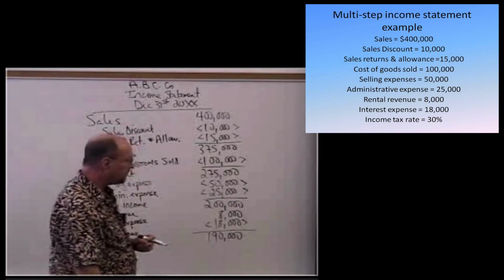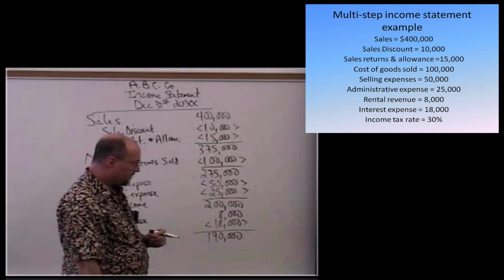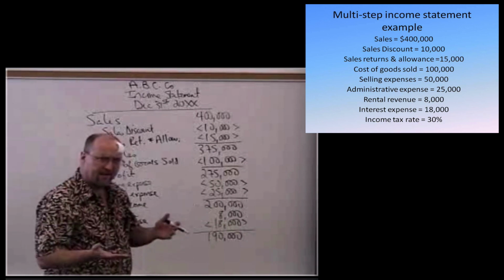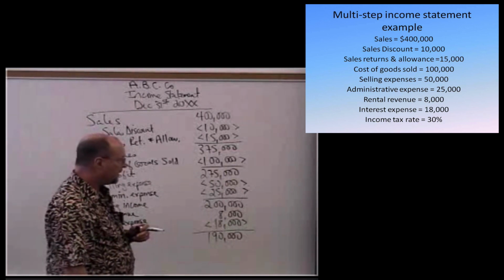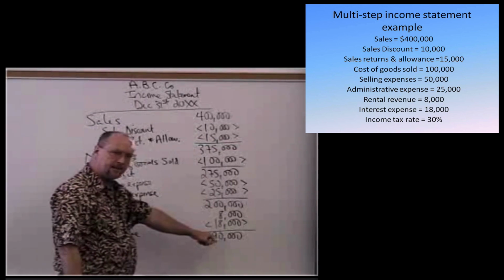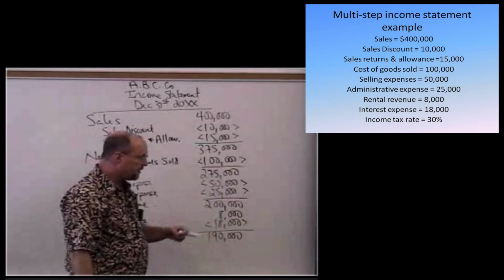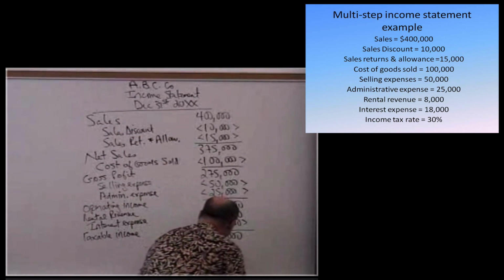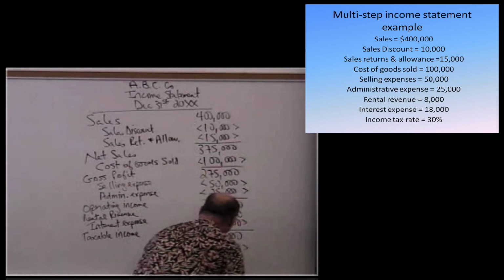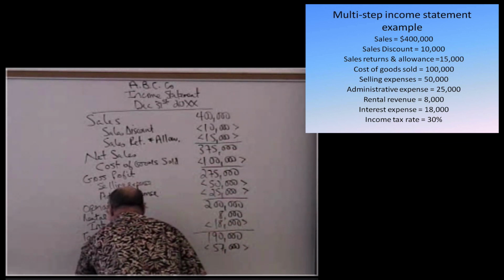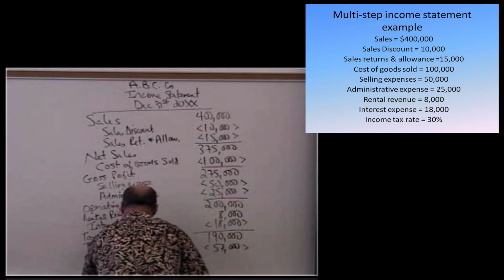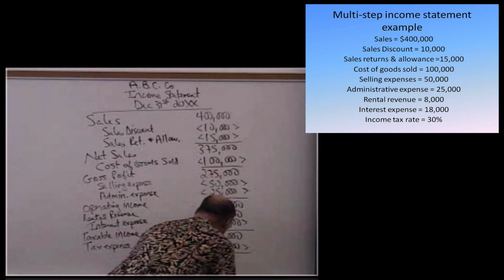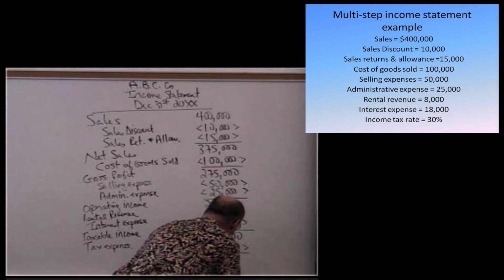In our example, our income tax rate, whether it's the federal rate or the combined federal and state rate, doesn't really matter. Okay, our income tax rate is 30%, so I'm going to multiply 190, my taxable income, times 30%, and that gives me $57,000 income tax. I'm going to call this tax expense, and that's going to provide me with net income, and that looks like $133,000.